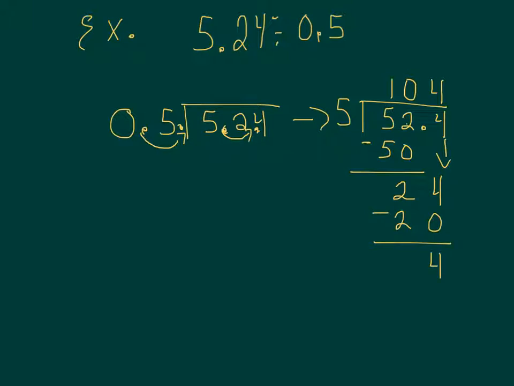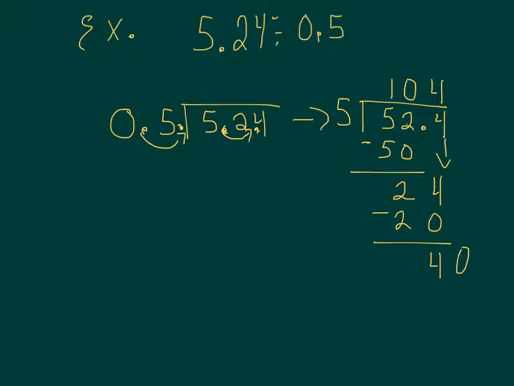Now we ask ourselves again, repeat another time, how many times does 5 go into 4? Well, now we know that won't work because 5 doesn't go into 4. It's too big. And there's no numbers left over here. So what we're going to do is we're going to then help ourselves out. We don't have a remainder because we don't want a remainder. So all we're going to do is bring a 0 here just to give us a bigger number to work with.